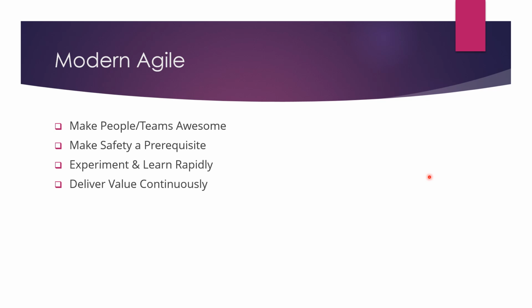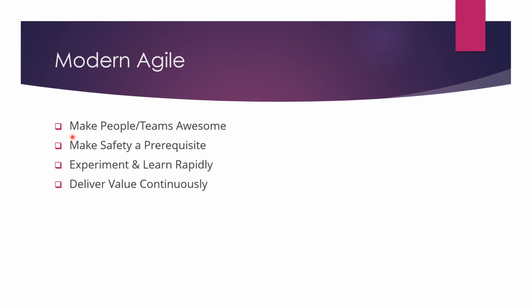As we know, the original agile manifesto, on which most of our agile processes in today's IT were based, focused on continuous value delivery, continuous improvement, accepting change, and transparency, right? In modern agile, these are the four principles.